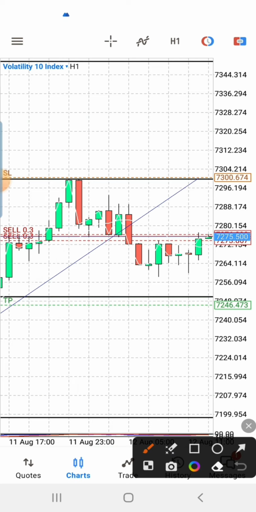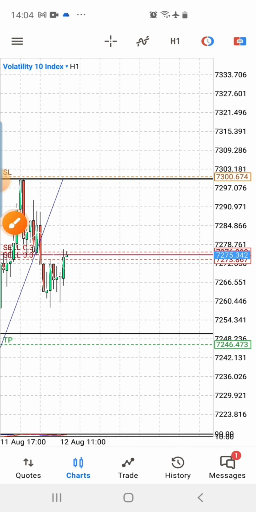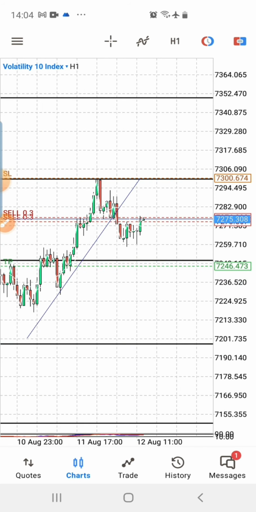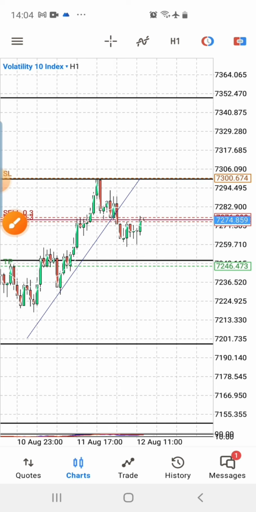So this candle was the one that closed below the trend line. Once the candle closes, I am supposed to make entry after the closing.